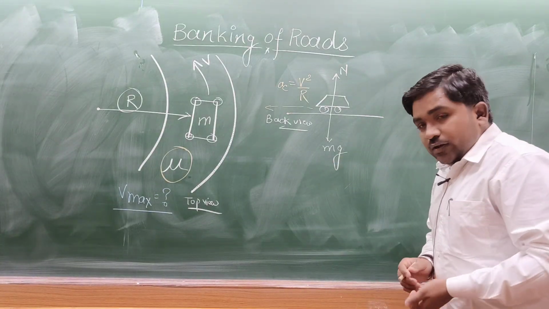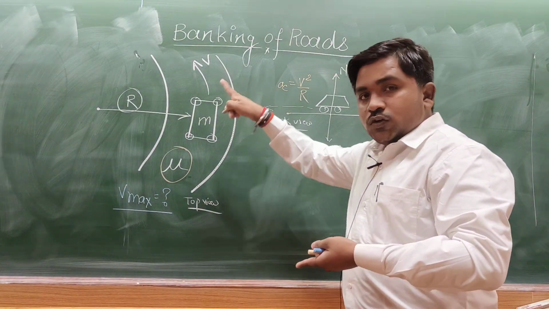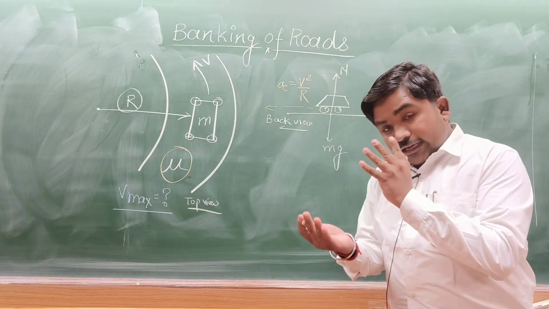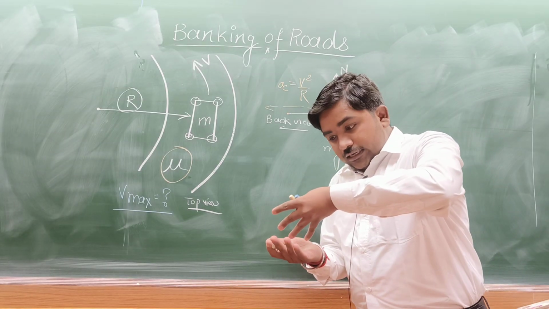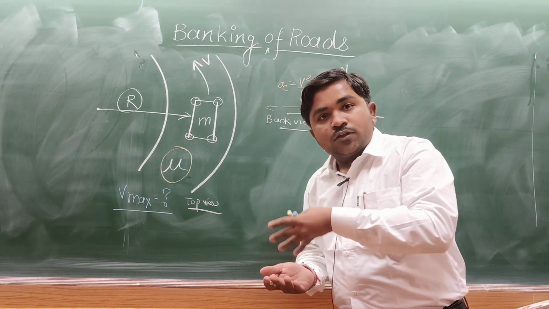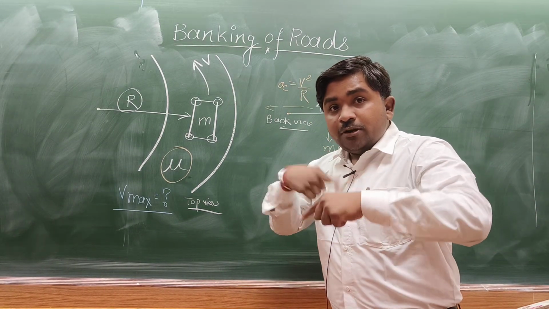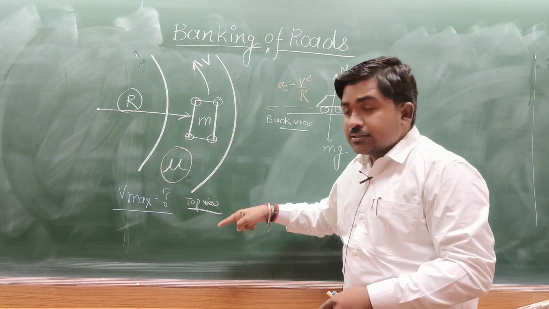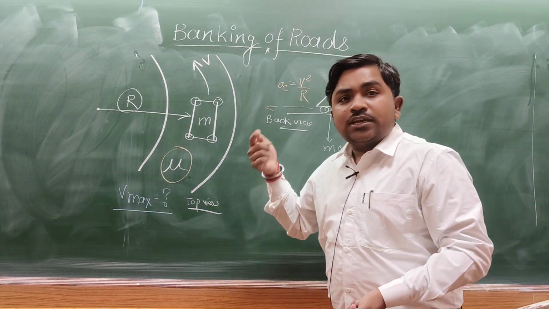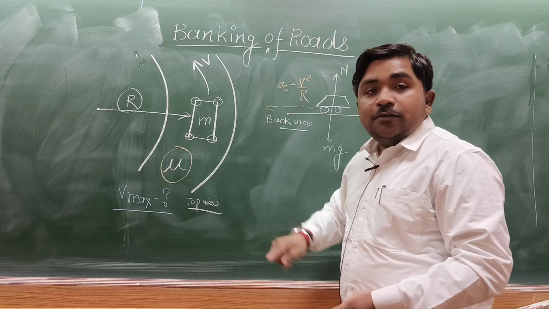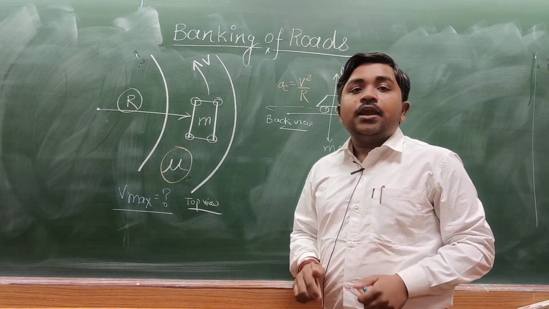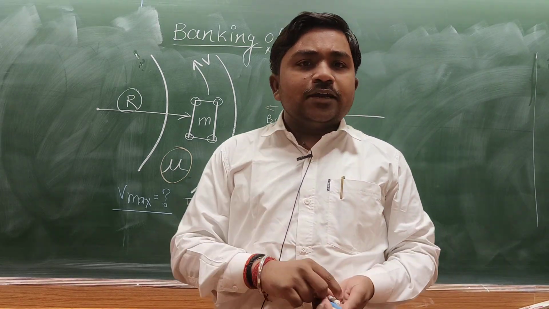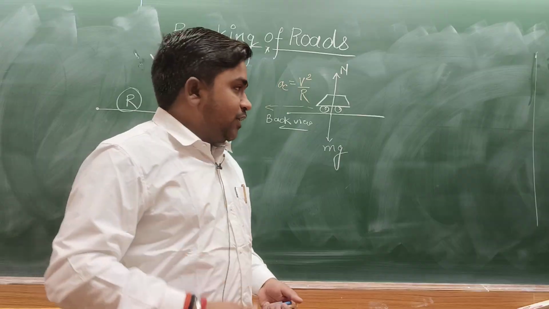Now, in this case, when a car is going to take a turn on this horizontal circular track, as soon as the wheel of the car is going to touch the surface of the road, the point which will come in contact with the road surface will immediately come to rest. Hence, there will be no slipping in this condition. And what kind of friction acts in no slipping condition? It is the static friction.